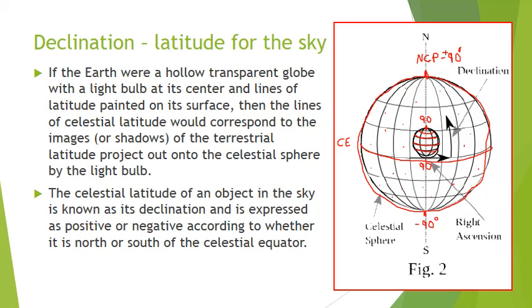The declination value will tell you how far south or how far north that star is with respect to the celestial equator. So any star that is north of the celestial equator is going to have a positive declination value, with values increasing as you move toward the North Celestial Pole. Any star south of the celestial equator is going to have a negative declination value, with values increasing toward negative 90 as you move toward the South Celestial Pole.